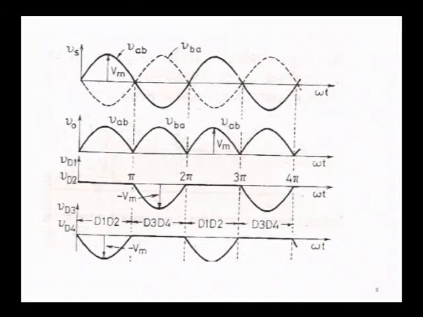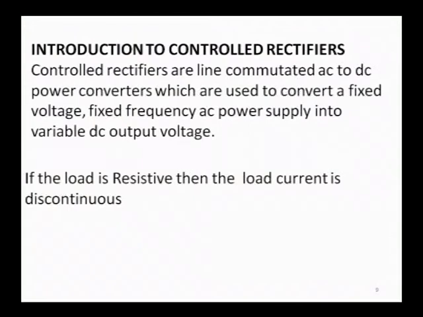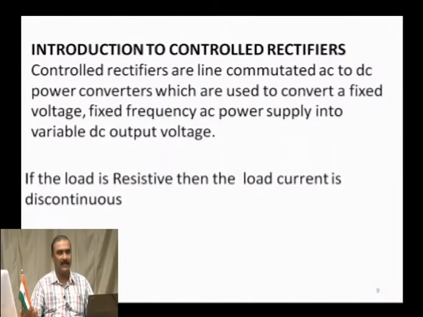Now, you have studied already about the half wave controlled rectifier in the previous class. Now, introduction: controlled rectifiers are line commutated AC to DC power converters. The name line commutated, I said commutation is also an important aspect in power electronics.